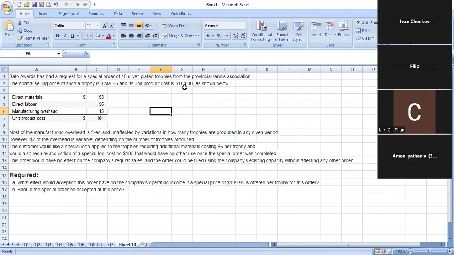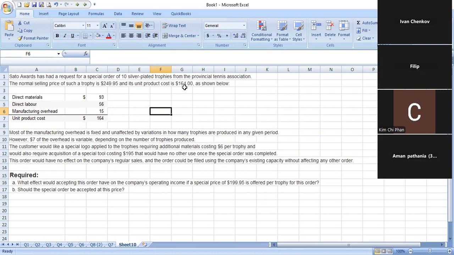However, $7 of the overhead is variable, depending on the number of trophies produced. The customer would like a special logo applied to the trophy, requiring additional material cost of $6 per trophy, and would also require acquisition of a special tool costing $195 that will have no other use once the special order is complete. This order will have no effect on the company's regular sales, and the order could be fulfilled using the company's existing capacity without affecting any other orders.